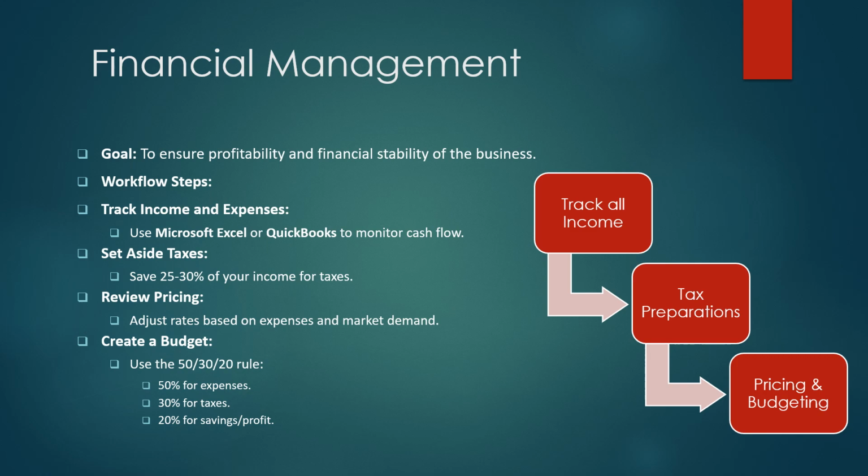Please do them quarterly, that is every 3 months. If you do it at the end of the year, it is going to be a lot of money coming out of your pocket, and it is going to pain you. Therefore, I suggest that you do it every 3 months and save at least 25 to 30% for taxes.